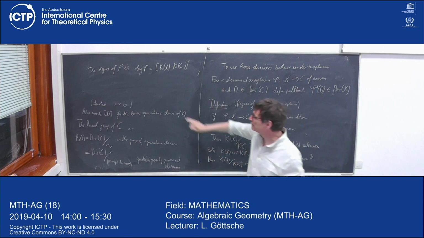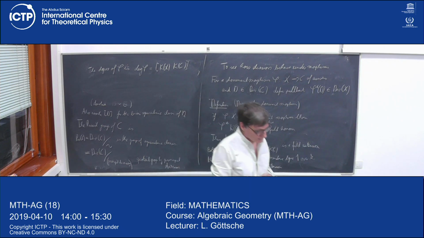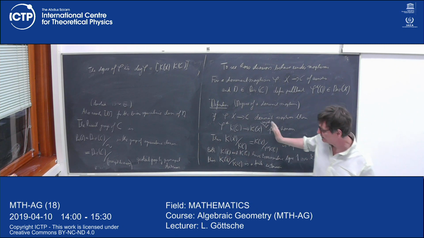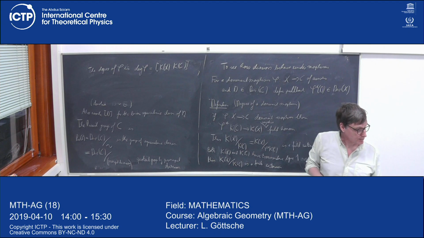So this is the meaning of the degree. The difficult thing to prove here is that the degree multiplies in this way. This is the thing that we're not going to prove. An easy consequence of that will be that principal divisors have degree 0, as we shall see, and that we'll do next time.